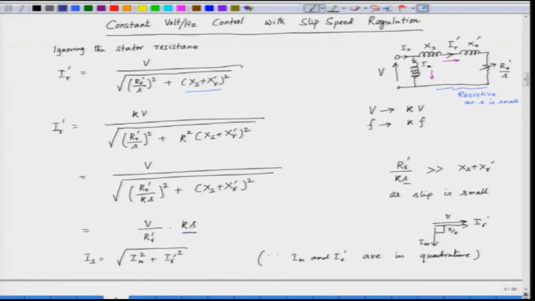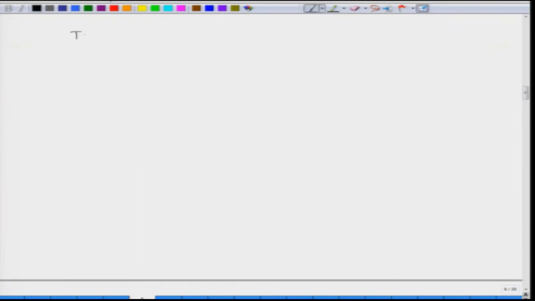Let us see the expression for the torque. The torque expression is given as 3 by omega m s. Since we are changing the frequency, we have to multiply by a factor of k into I r square into R r by s.